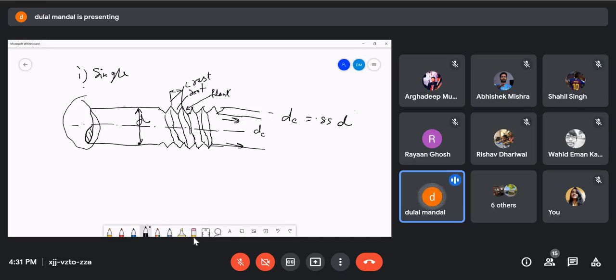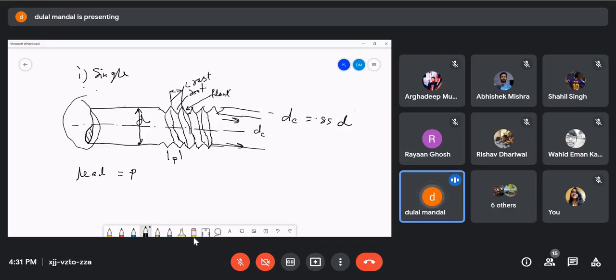Why mostly you will find the single thread. Double thread also you will find. This I told you, this is the pitch, and another term is lead. Lead is the advancement of the nut when you rotate it.